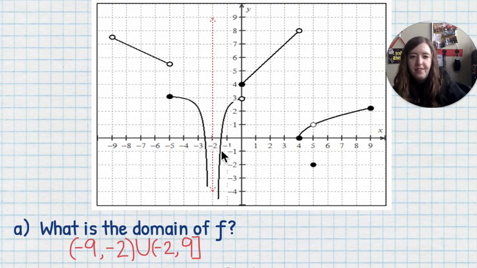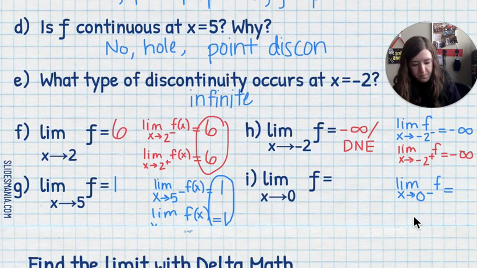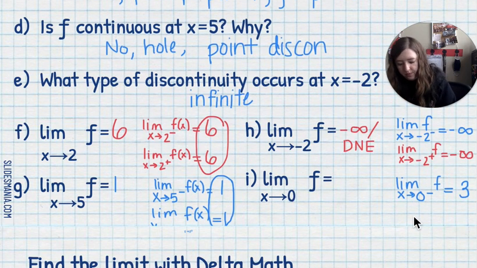So from the left side, I'm coming in and I'm approaching this y value of 3. So from the left, my limit is going to be 3. Now I'll look at my limit as x approaches 0 from the right.